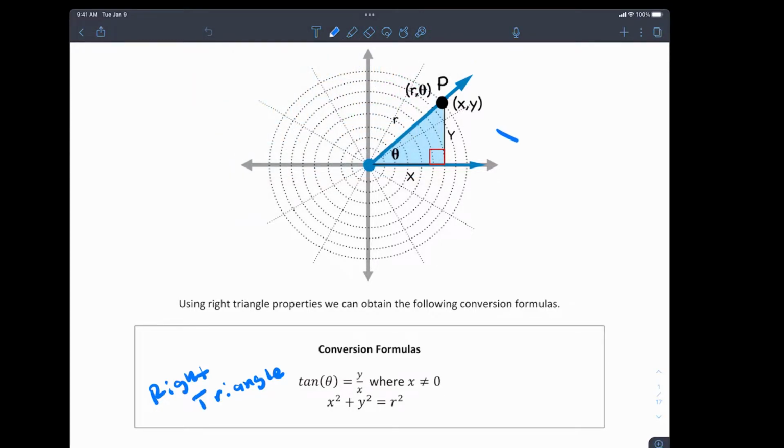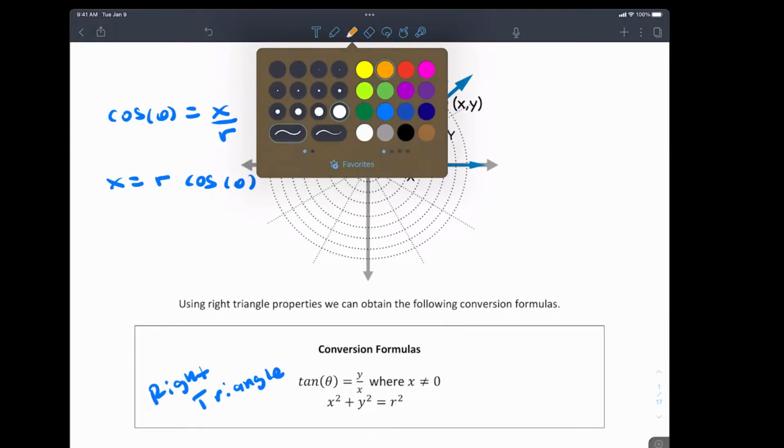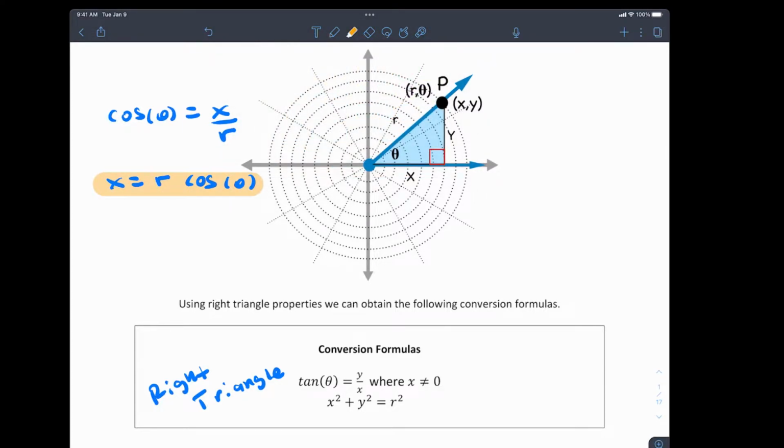Let me use the definition first: isn't cosine theta equal to x over r, by the way? So you know what that means? x can be described as r cosine theta if we look at this algebraically, just from this triangle here. Similarly, we know sine theta is y over r, which means y can be described as r sine theta.